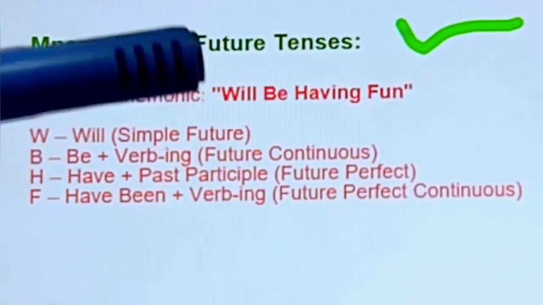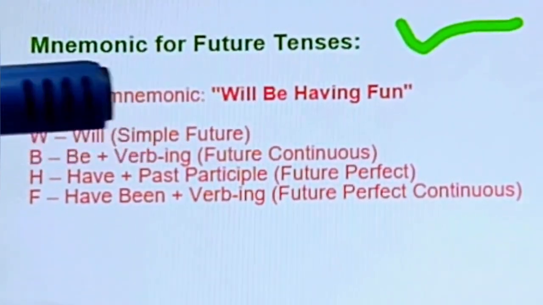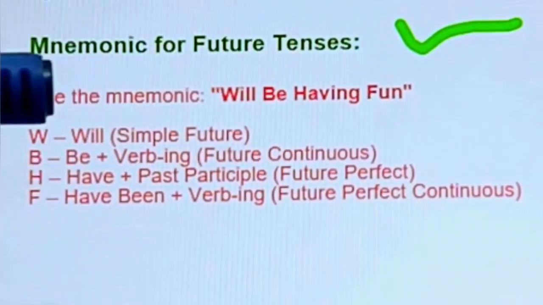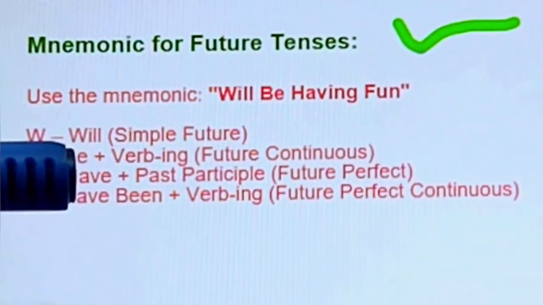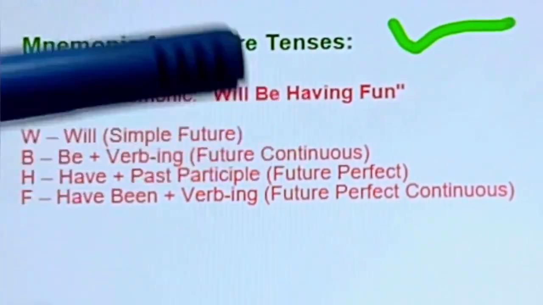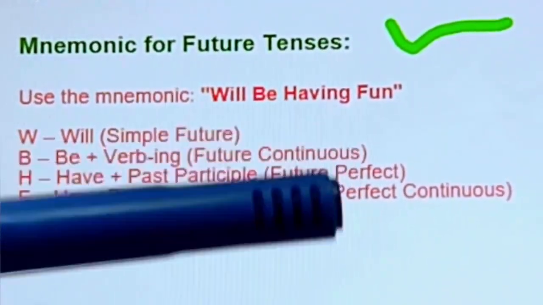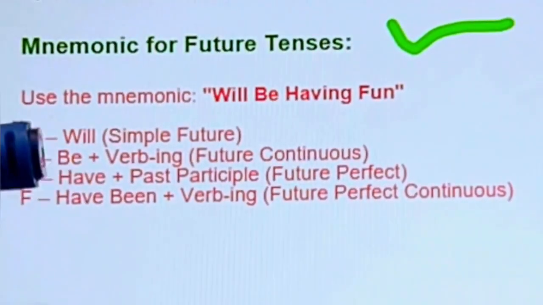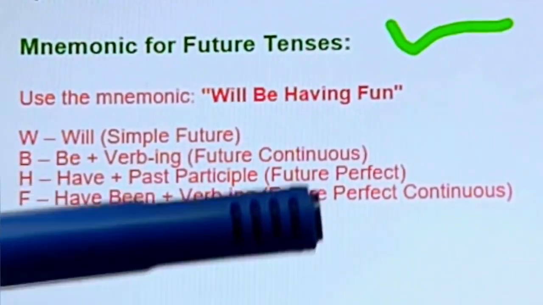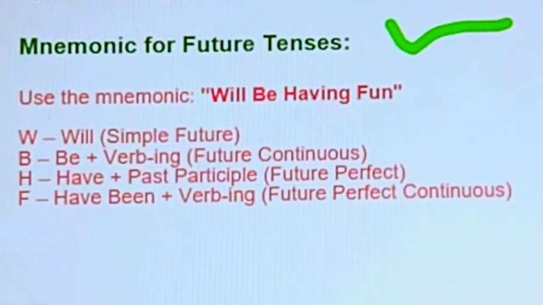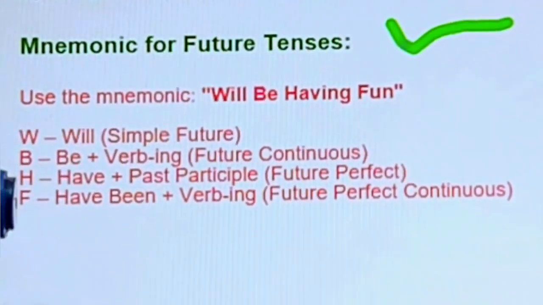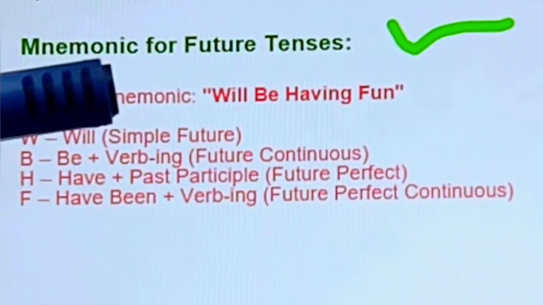Here, will is used for the simple future, be for the future continuous tense, having for the past participle or future perfect tense, and fun is used for the future perfect continuous tense.